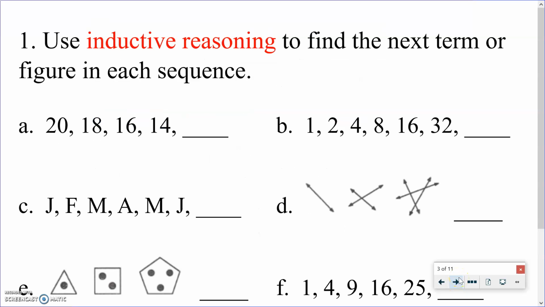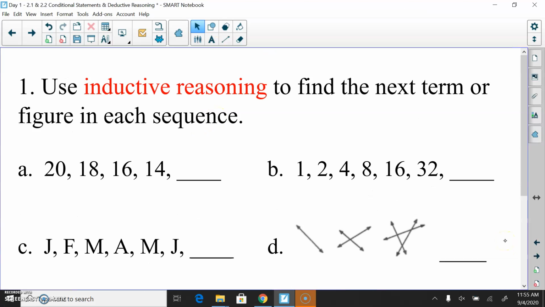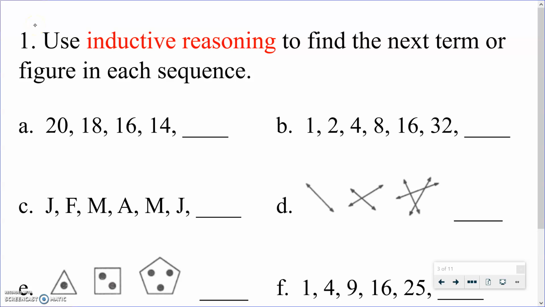Okay, pause the video right now, please, and try to fill in the next missing term in each sequence. Here are the terms.